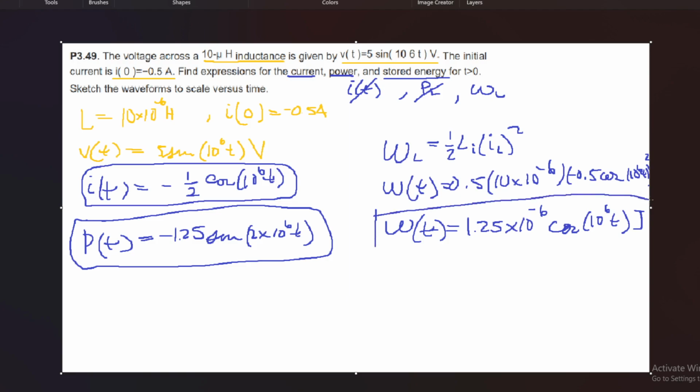The power should be watts, and this should be amps. Thank you.